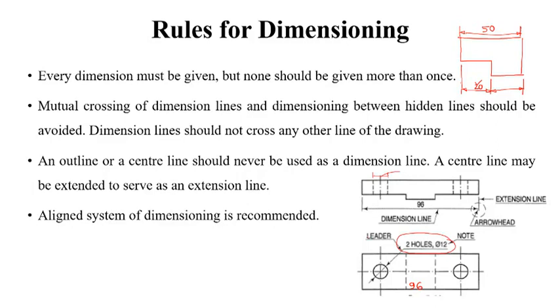Like if you are to represent up to this, तो इसको हम लोग थोड़ा सा extend कर देंगे and up to this we can provide the dimension. Then the aligned system of dimensioning is recommended, which has already been told.